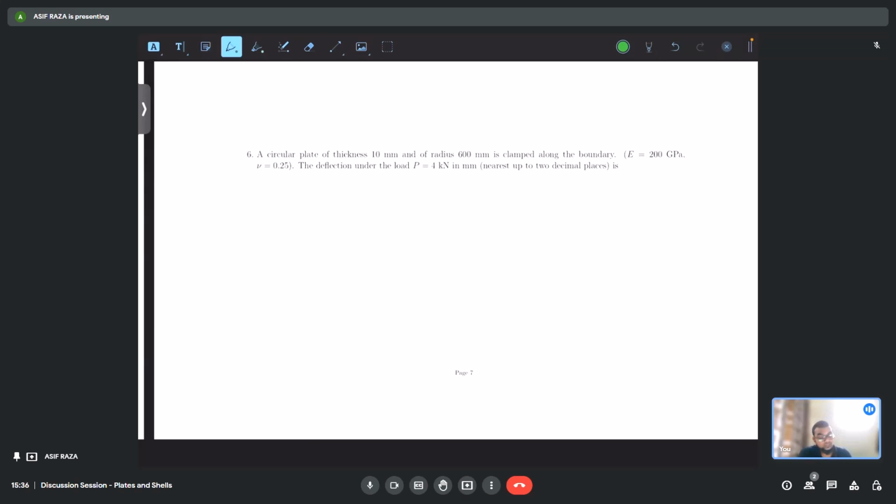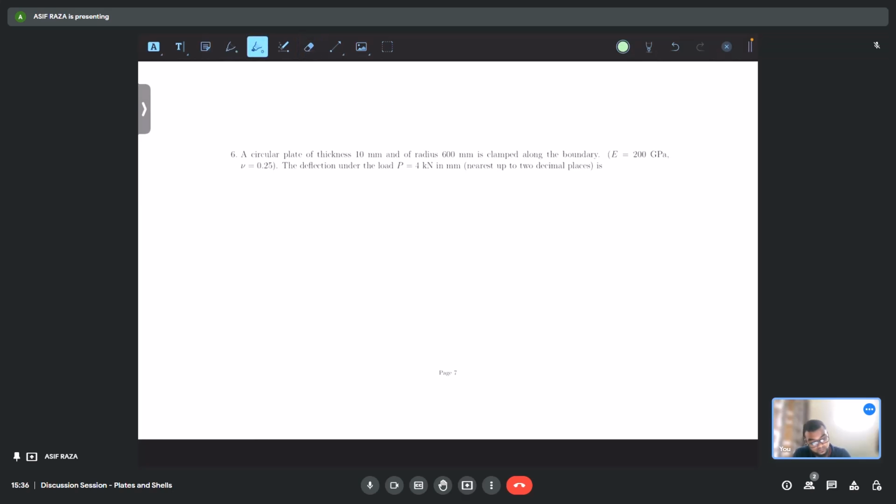There is a circular plate of thickness 10 mm, radius 600 mm, which is clamped along the boundary, with material parameters 200 GPa and Poisson's ratio 0.25. Find the deflection under the load P equal to 4 kilonewton. Point to be kept in mind: this is a concentrated load of 4 kilonewton, and it is clamped along the boundary.